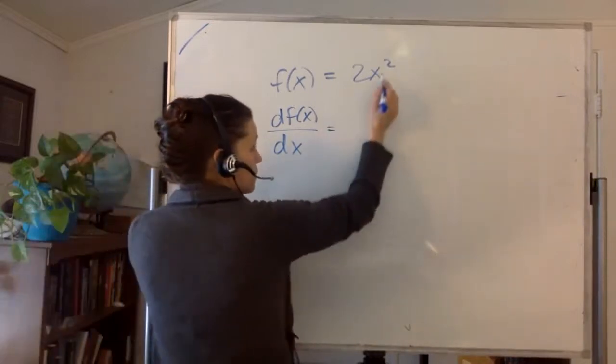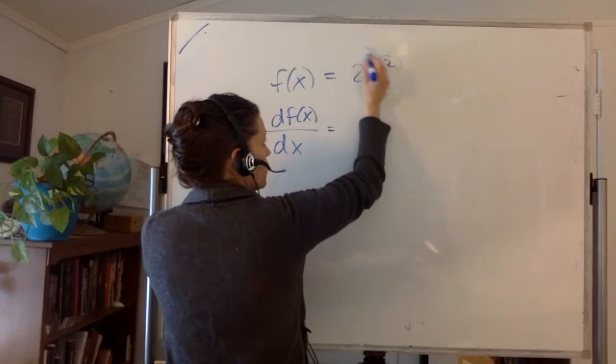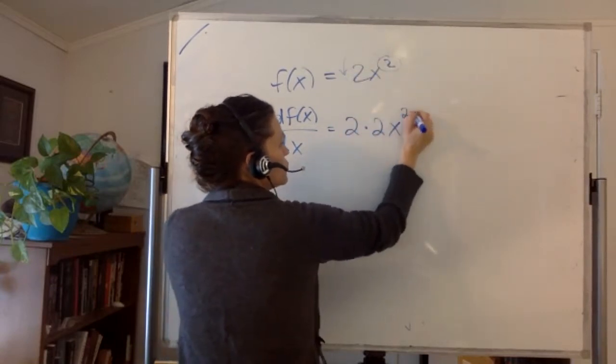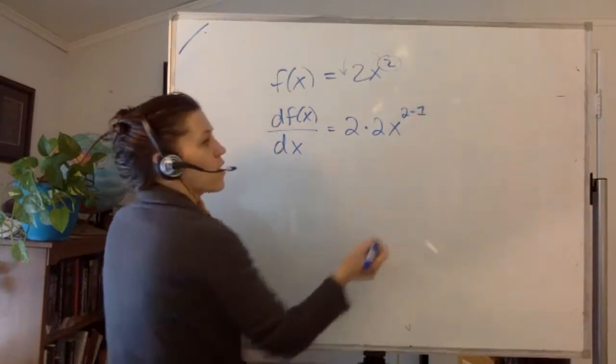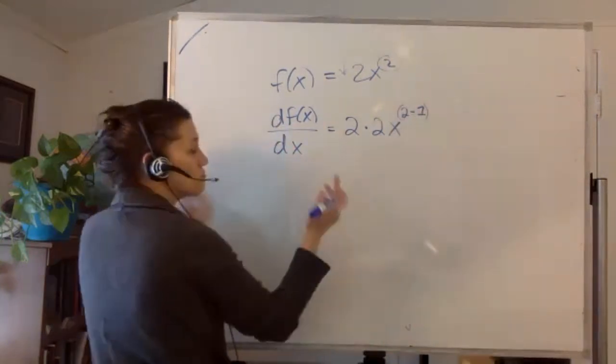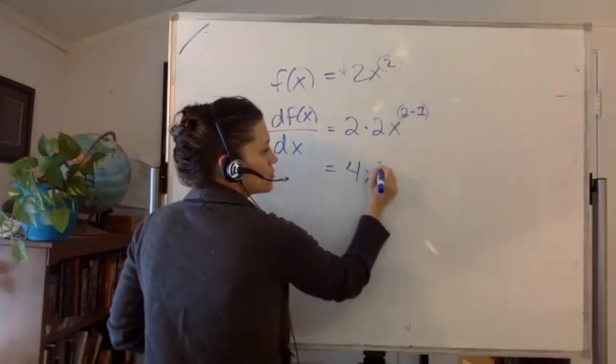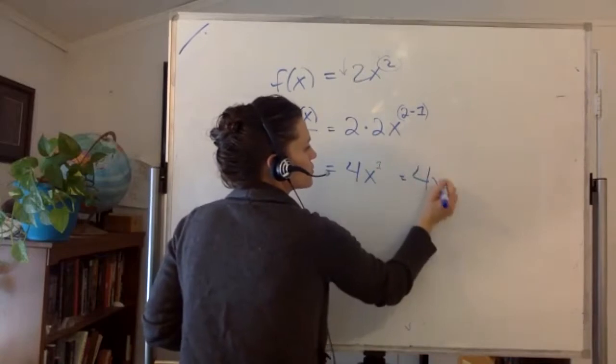The way we do this is we take the 2 and multiply it down in front, so it becomes 2 times 2x raised to the 2 minus 1 power. I'm writing all of this out for refreshing the memory. This becomes 4x to the 1, or we can simply write it as 4x.